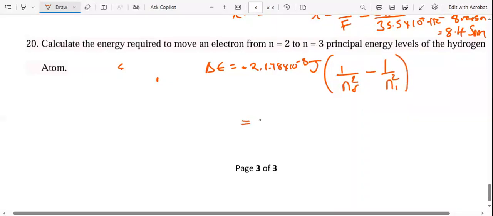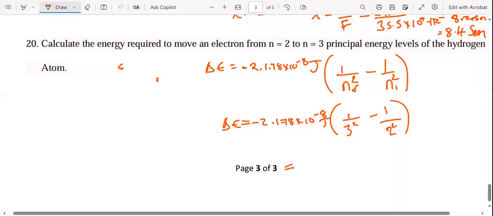So what we'll be doing is 2.178 times 10 to the power negative 18, open bracket. By the way, we are intending to have energy, which is in joules. So we say 1 over the final energy level, which is 3 squared, minus 1 over the initial, which was 2 squared, like that.